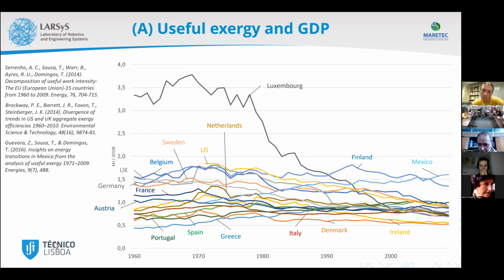These intensities are, however, constant if you control for two factors in terms of useful exergy, which is high temperature heat, which is something I haven't talked about yet, but which is one of the categories that we consider. So heat flows at very high temperatures, 1000 degrees Celsius. So we're talking about the heat flows that occur in things like aluminium factories, steel factories, cement factories, brick factories.